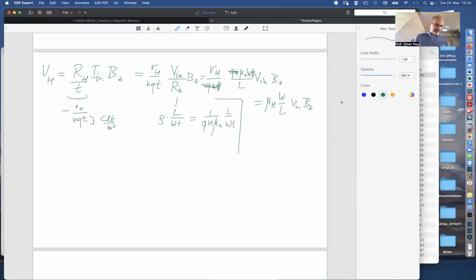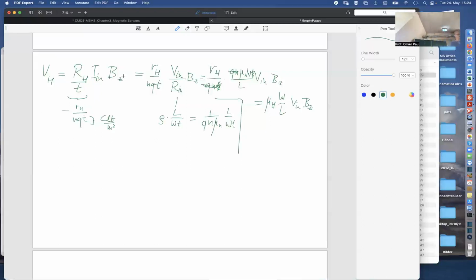Another way of writing the response coming out of this Hall sensor. So either you imagine this Hall sensor to be a device into which you feed in a current, 1 milliamp, and then if you know RH and T, you can compute how much Hall voltage for a given VZ you will get out.